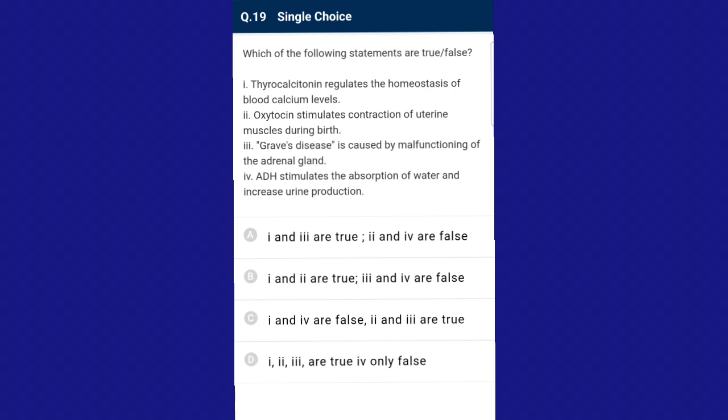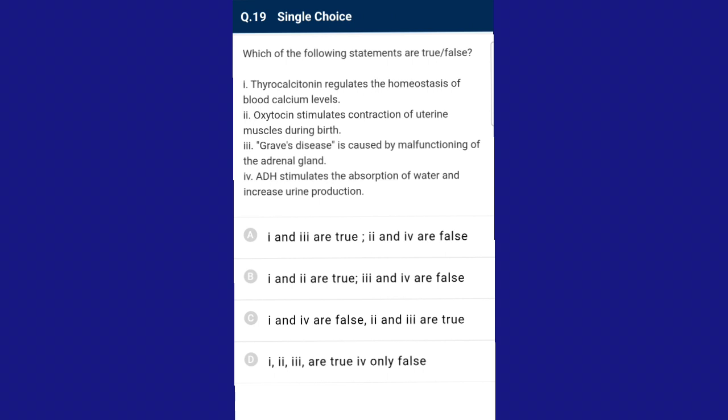That is also correct. Third one, Graves' disease is caused by malfunctioning of the adrenal gland. That is false, because Graves' disease, also known as exophthalmic goiter or Parry's disease, occurs due to oversecretion of thyroid hormone. So that is wrongly given.